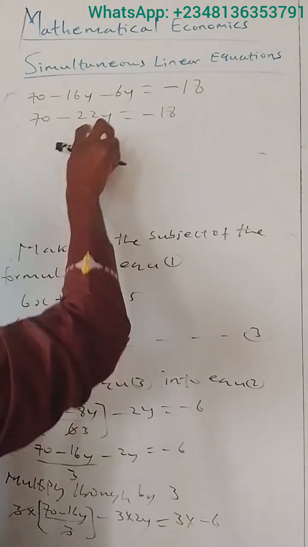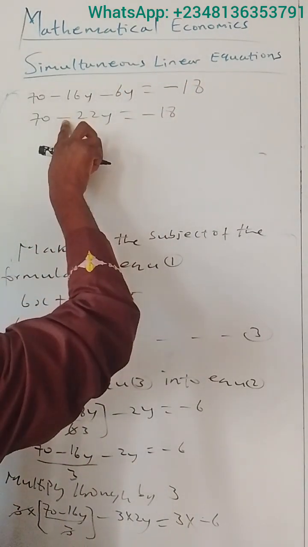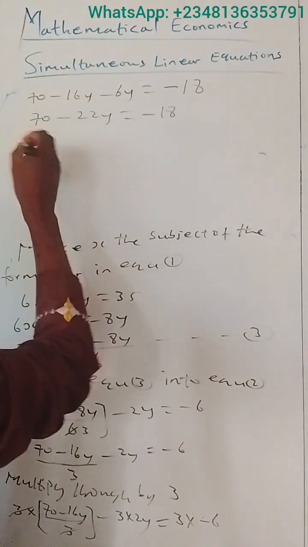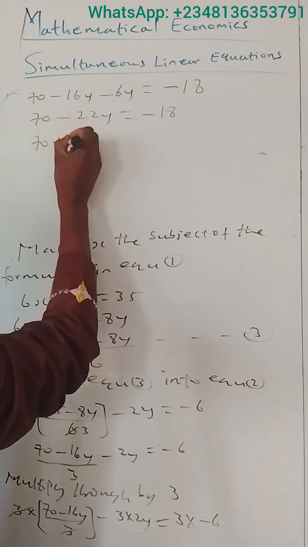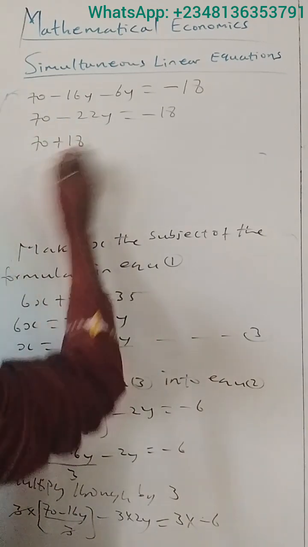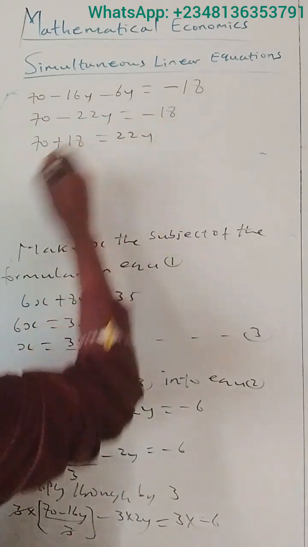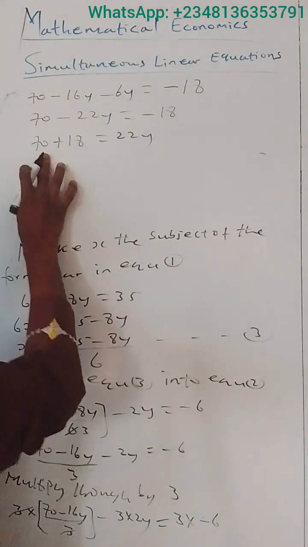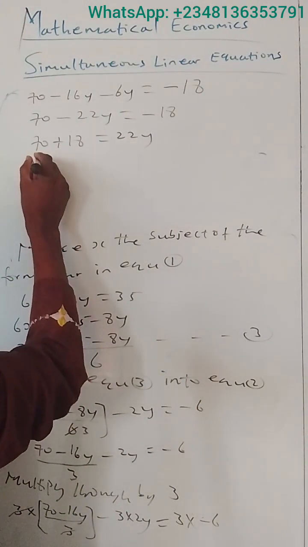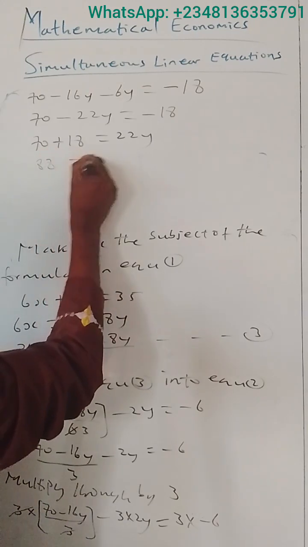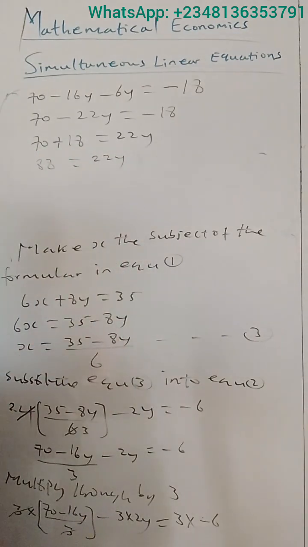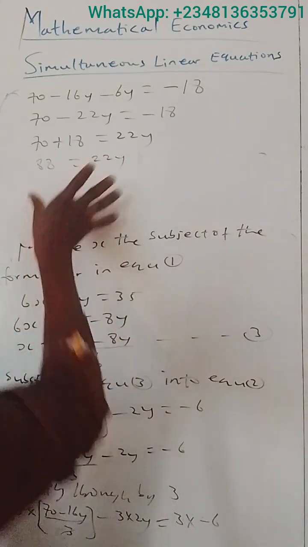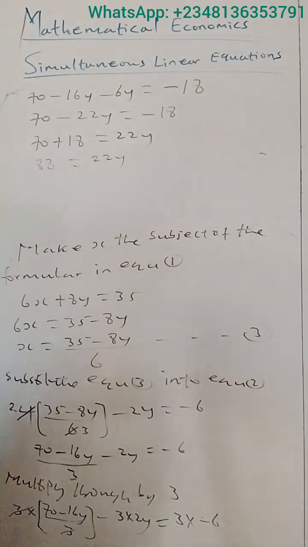I collect the like terms. I can take this to this side in order to get rid of the sign and bring this to the other side. I have 70 plus 18 equals 22y. So 70 plus 18 gives me 88 equals 22y. The next thing is to divide both sides of the equation by the coefficient of y.